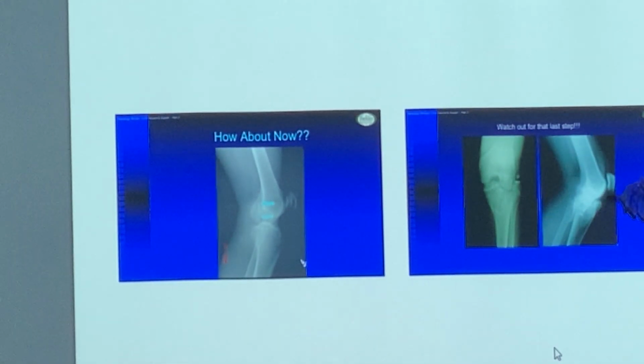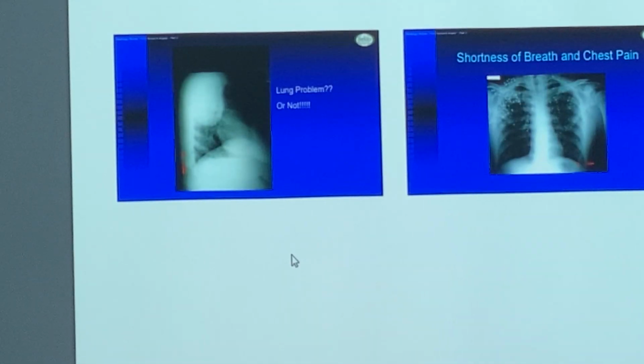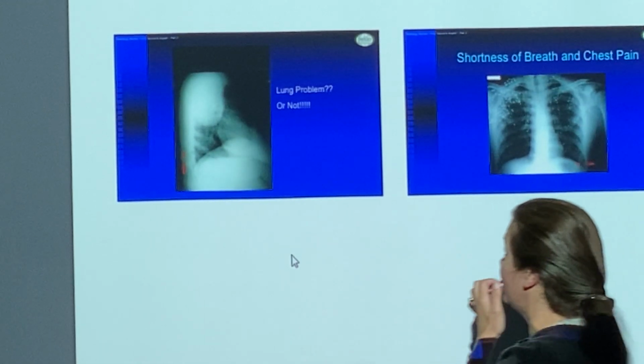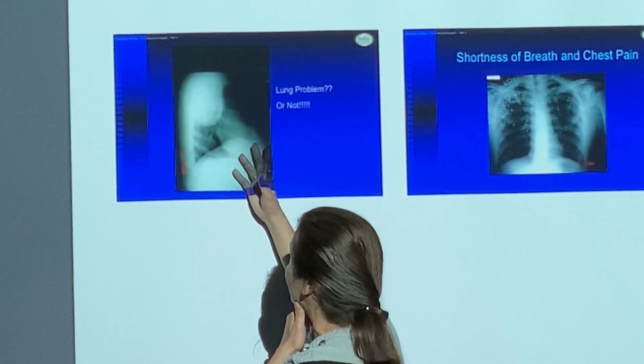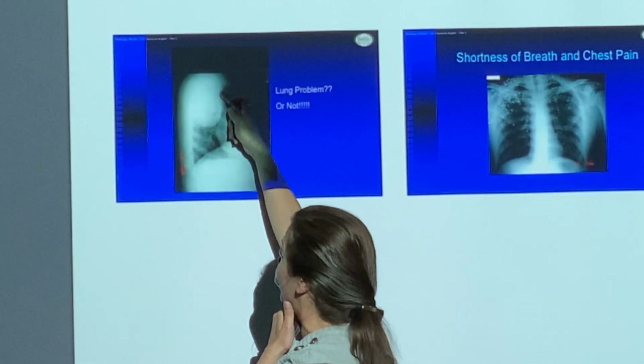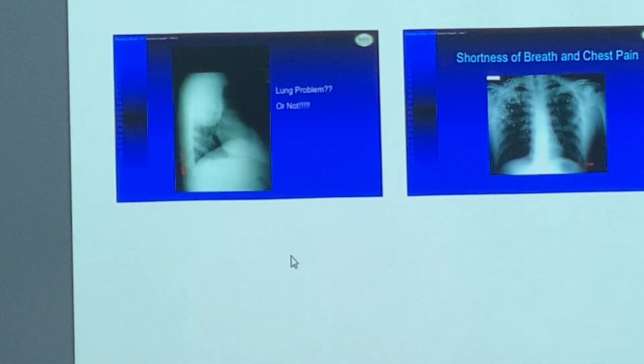So the patella is completely fragmented. That's not the best view though, but anyways, you have the heart that is completely opaque. And I have no idea what this is. But again, it's not the best.